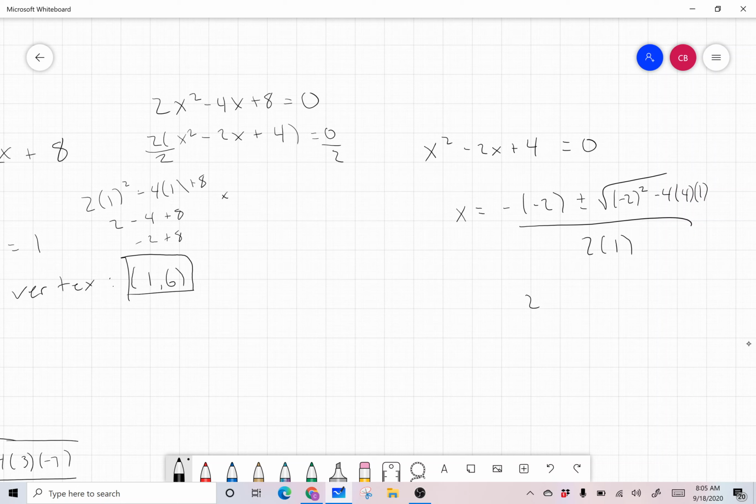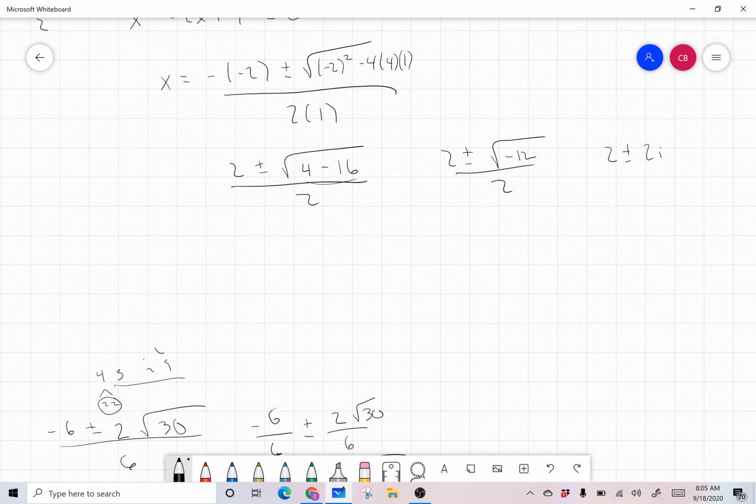The reason I know this is that it's negative 2 plus or minus the square root of negative 12 over 2. And if I simplify that, this is 2 square root 3. So this is 2 plus or minus 2i square root 3 over 2, which gives us 1 plus or minus i square root 3. Okay, so this has zeros, but there are no real zeros.